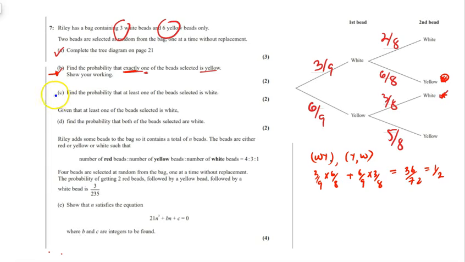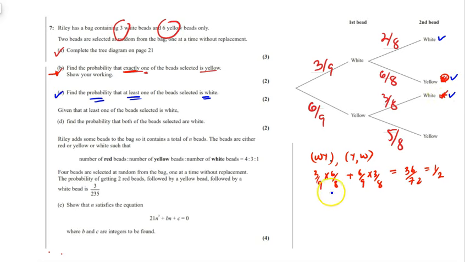The next one: find the probability that at least one bead selected is white. That means I can have white yellow, white white, or yellow white. I have 3 options.